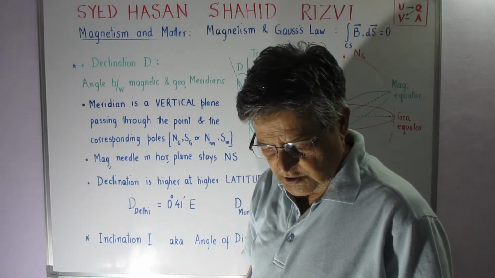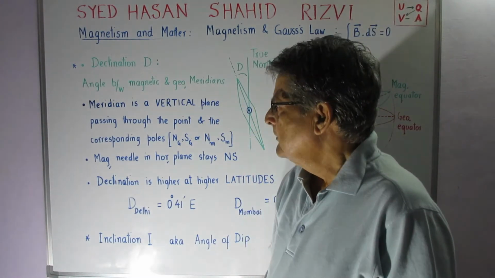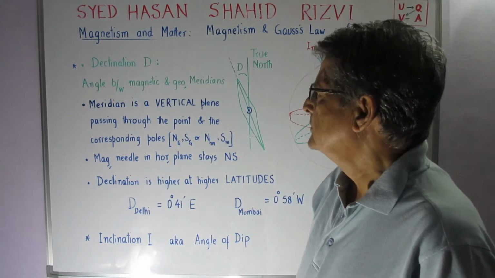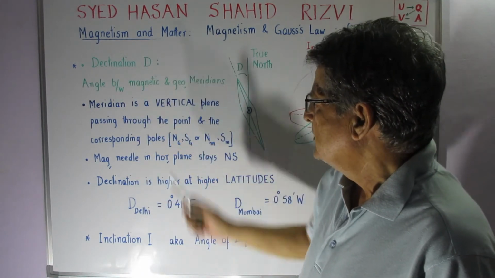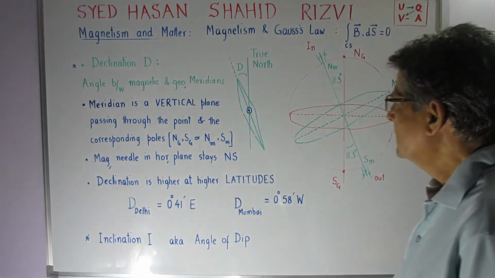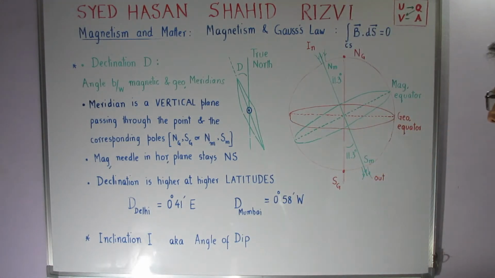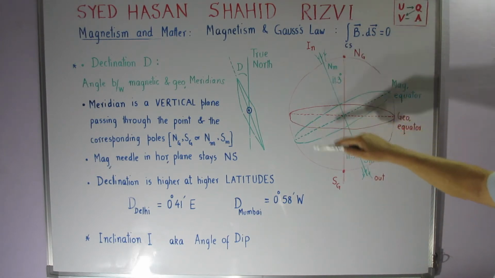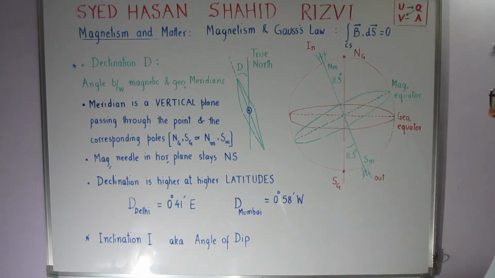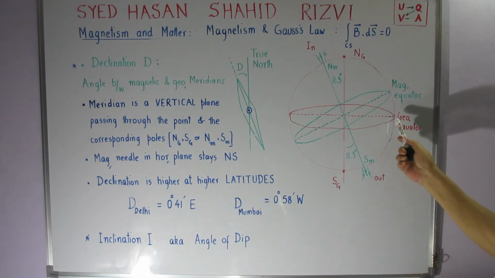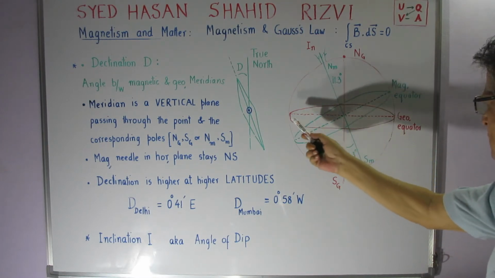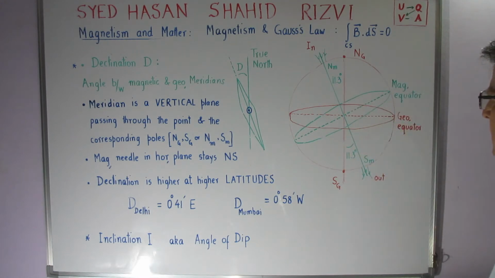So, taking the Earth as a magnet, we'll talk about the declination D, which is the angle between the magnetic and the geographical meridian. Roughly, I have made a section of the Earth, and we have taken the geographic meridian, which goes in the red lines.